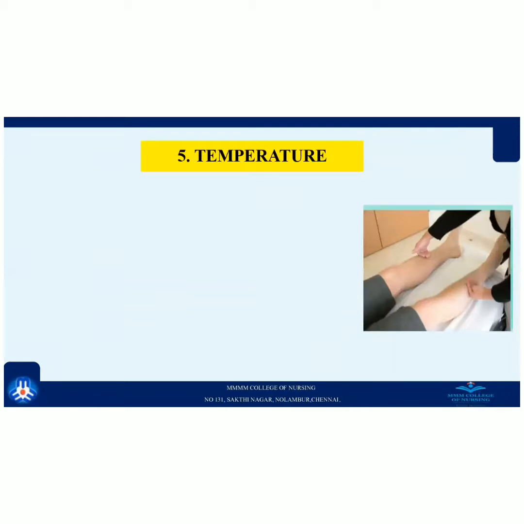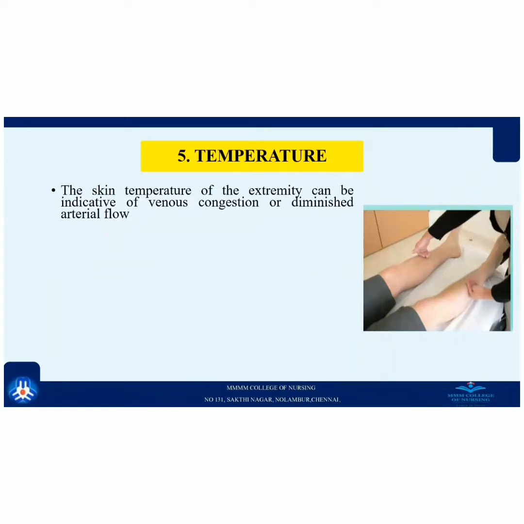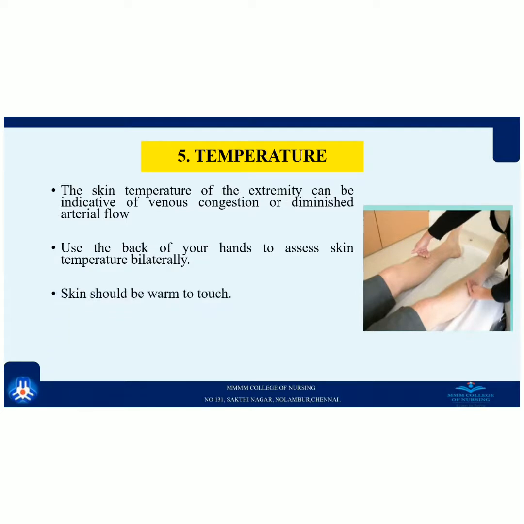The next component of assessment includes the temperature. The skin temperature of the extremity can be indicative of venous congestion or diminished arterial flow. Use the back of the hands to assess skin temperature bilaterally.